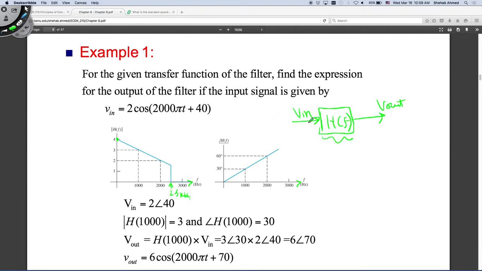So the signal comes in, it's multiplied by this transfer function. This transfer function acts on the signal, so it's multiplied by 0 as a magnitude. And then the phase shift does something else. So this is what's happening to the gain of the signal, the magnitude of the signal that's coming in. And the phase shift of the signal that's coming in is changed according to the phase shift plot of the transfer function, right? So what's happening here?